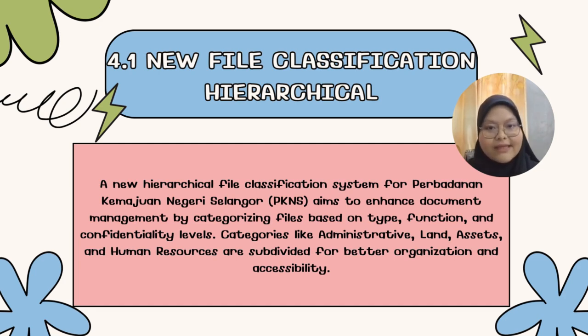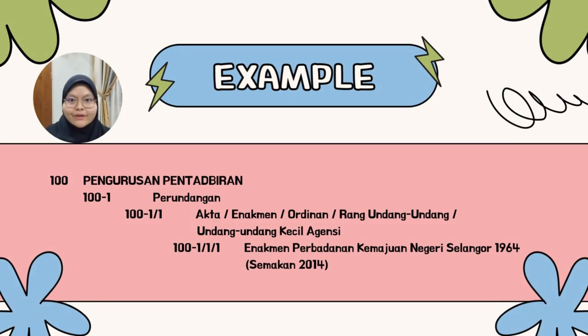The system categorizes files according to their types, function, and level of confidentiality. Categories such as administrative, land, asset, and human resources are further divided to enhance organization and ease of access. This is the example of the fast hierarchical classification system.